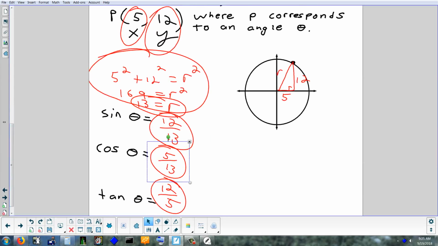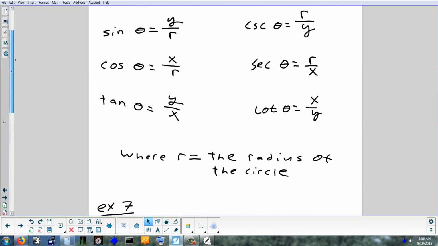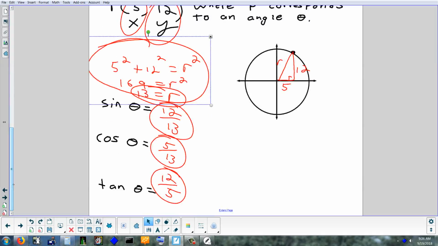If that happened, you could. I don't think that will happen with any of the problems I give you. The x I'll always give you. If it's this kind of problem, the y I'll always give you. You just have to use Pythagorean theorem to get r, and then fill it in. Any questions on that?